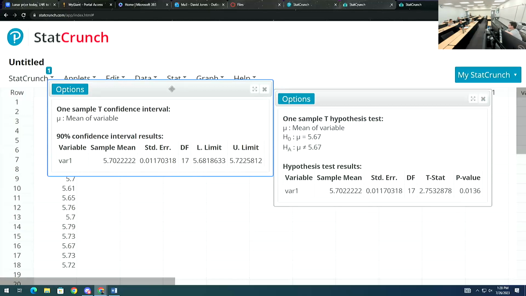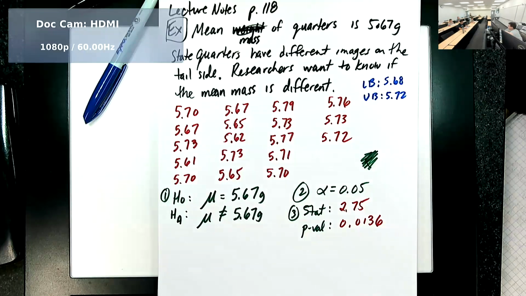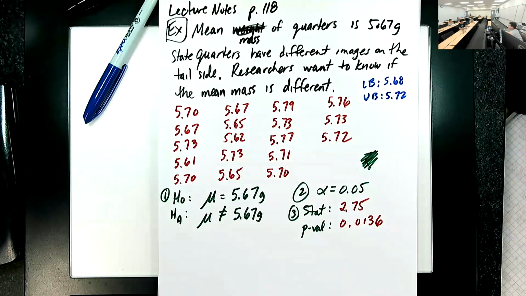I'm gonna reference it in a second. It's not part of your normal 5 steps, but it is something we can learn about. My lower bound here is 5.68 and my upper bound here is 5.72. We got our t-stat and our p-value though, so we got enough to get some work done. Limits and bounds are the same thing.